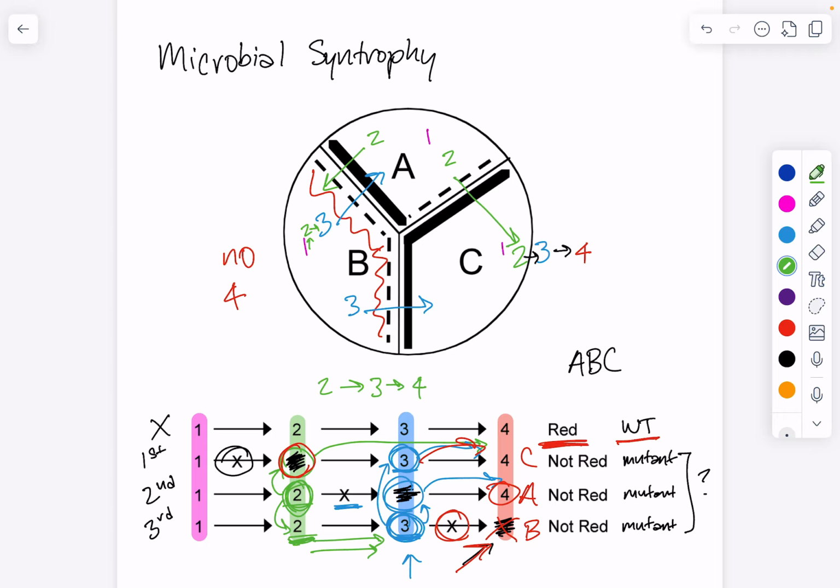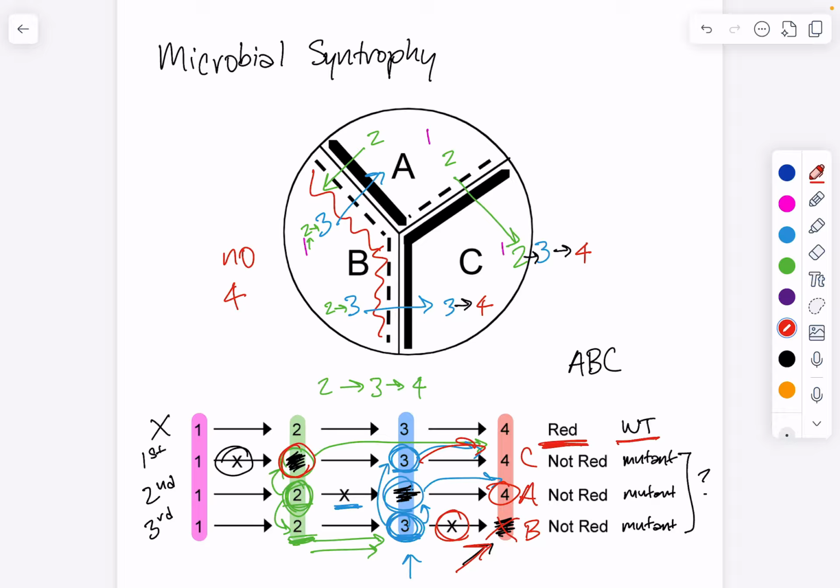And then 1 goes to 2, 2 goes to 3, and it's making its own 2 to 3. Then just to finish the cycle, we have 3 going to 4 within C itself because it's getting that 3 extra from B, and so it's producing the red color on that side as well.